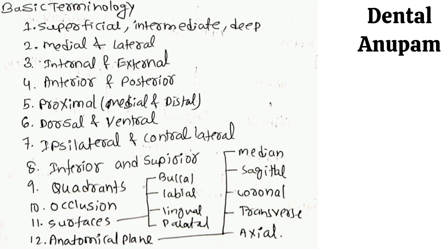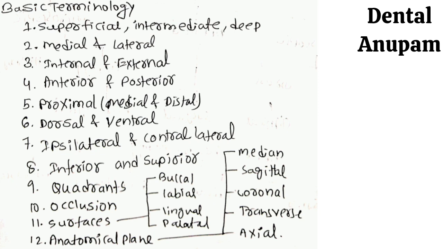Transverse or horizontal planes divide the body into upper and lower parts. Axial: any cut or plane at right angles to the body's long axis. Any plane.